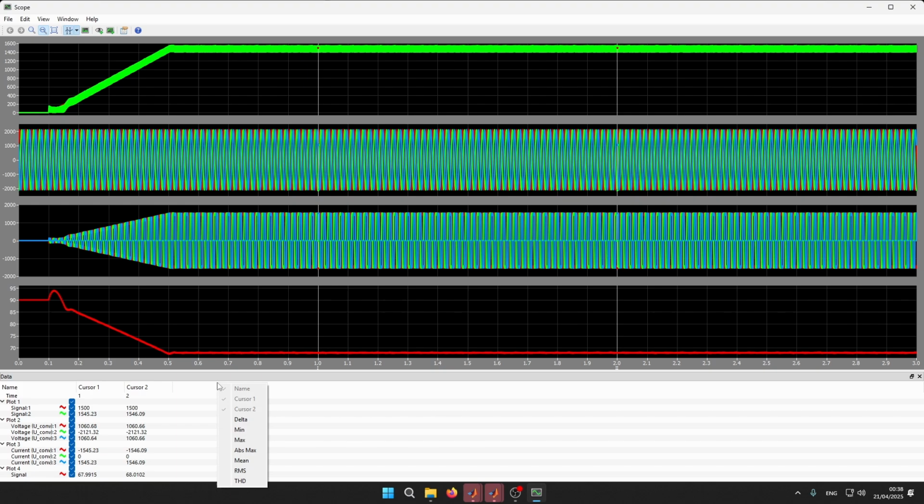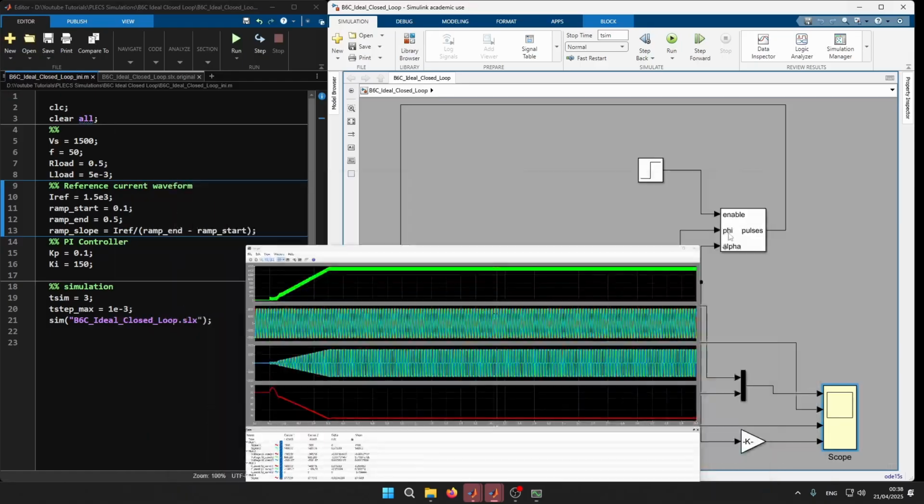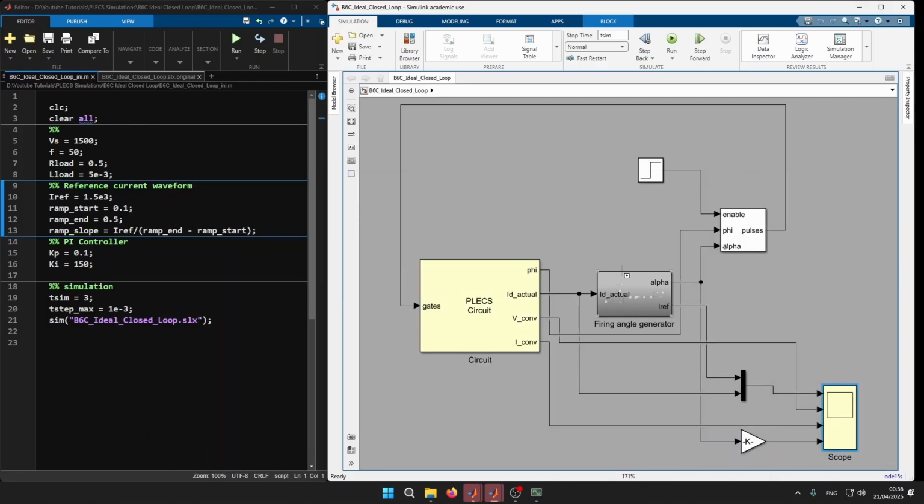If we quickly check the values for a time period, let's take a mean value. Delta should be 0.02. And the mean value is then exactly 1.5 kiloamperes. So this is how we implement the closed loop control for a three-phase controlled bridge rectifier.